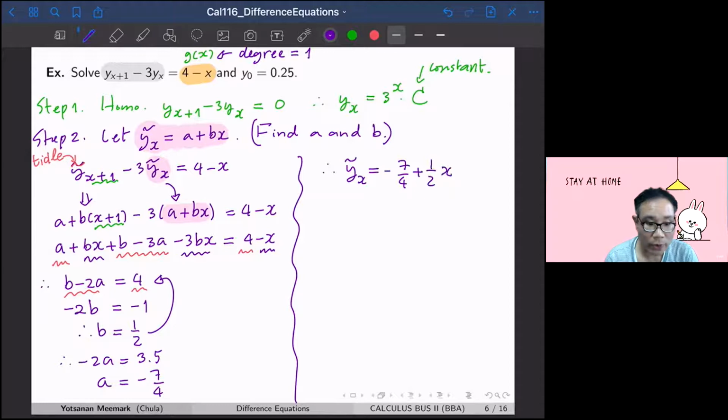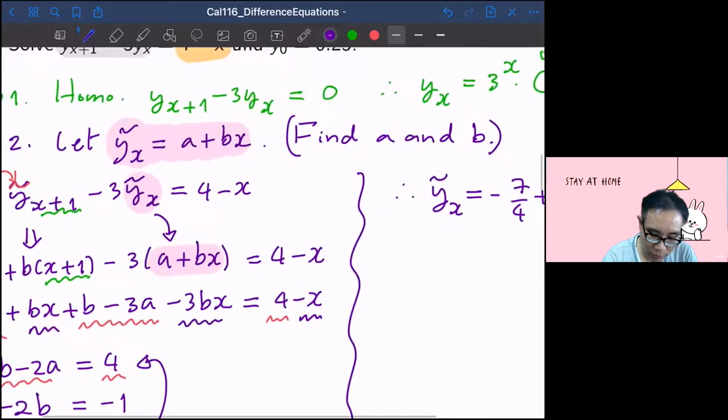So this one will be your y tilde(x). This one is the particular solution.